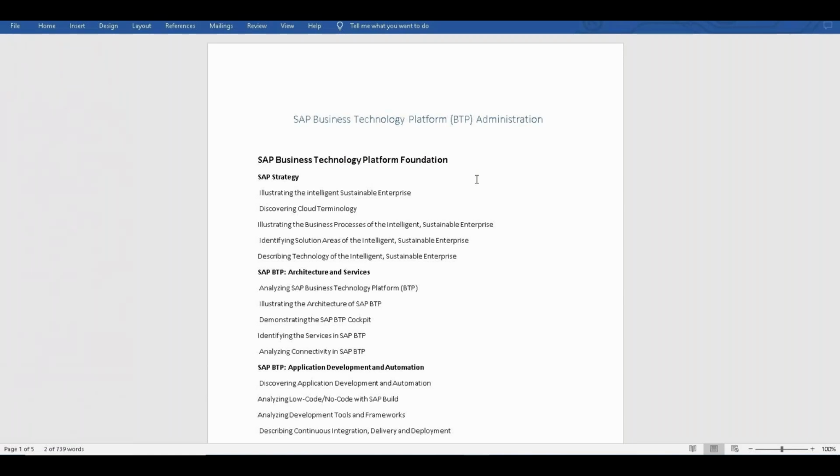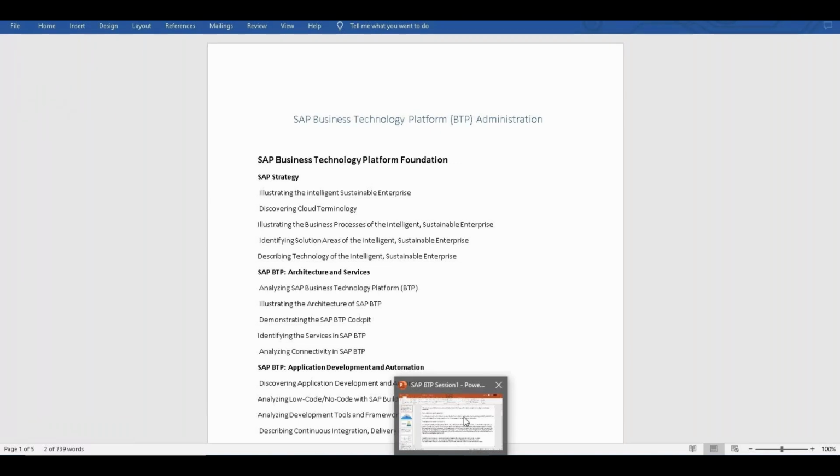Because when we are speaking about SAP strategy, what SAP is basically trying to do is provide intelligent, sustainable enterprise solutions. Intelligent enterprise solutions, most of the people might know about a lot of the intelligent functionalities they're offering.